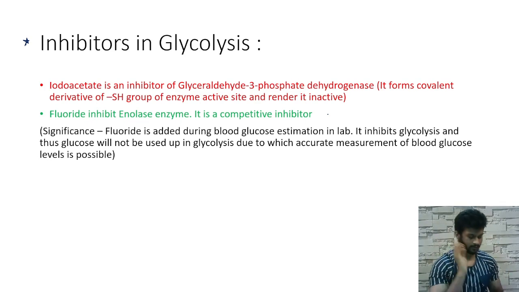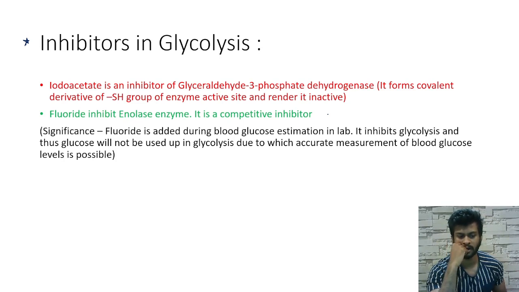The question will never be asked from there. You need to understand that iodoacetate will form a covalent derivative of the SH group present on the enzyme active site and it will render the enzyme inactive.